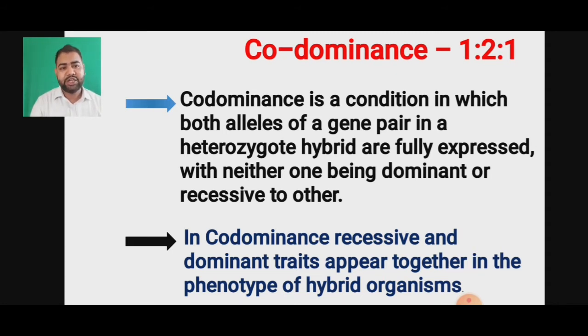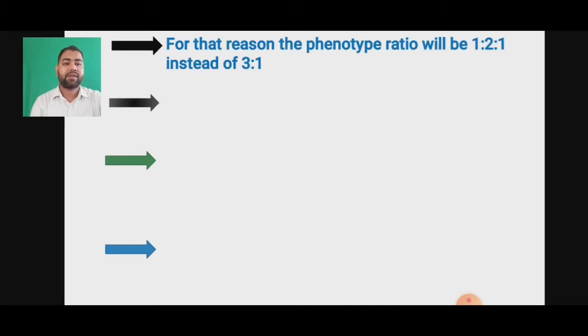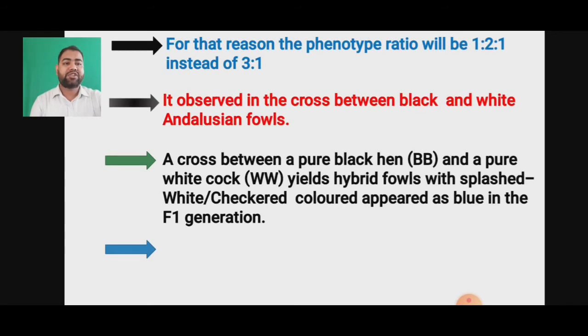I repeat this: codominance is a condition in which both alleles of a gene pair in a heterozygote hybrid are fully expressed, with neither one being dominant or recessive to the other. In codominance, recessive and dominant traits both appear in the phenotype of hybrid organisms. For that reason, the phenotype ratio will be 1:2:1 instead of 3:1.